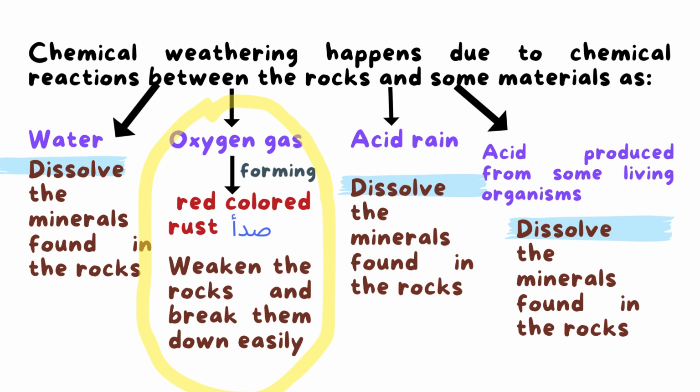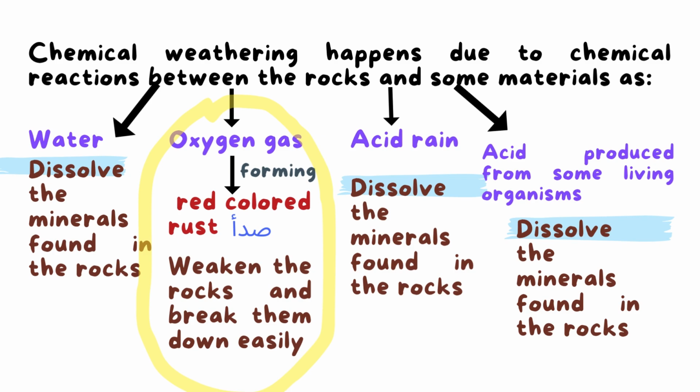The third substance is acid rain. We studied acid rain, and we know that acid rain is formed when the carbon dioxide gas in the atmosphere reacts with the water of the rain. We studied the harmful effects of acid rain, and we studied also that acid rain dissolves the rocks.